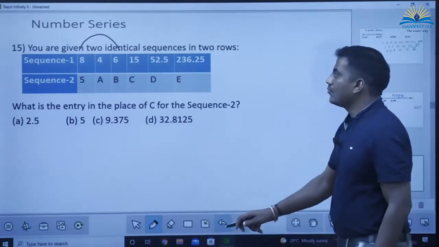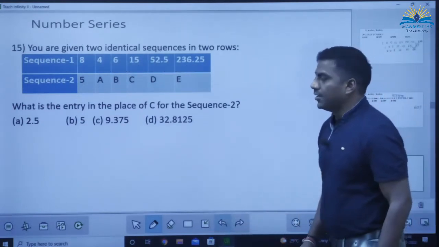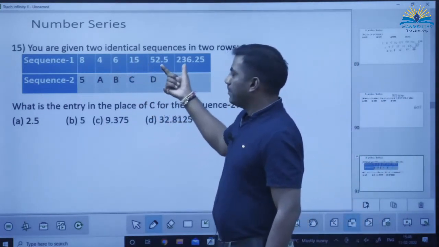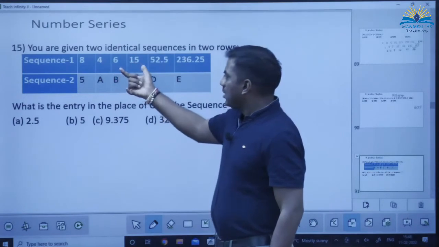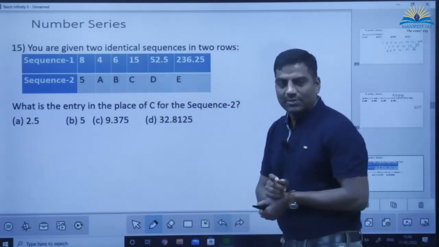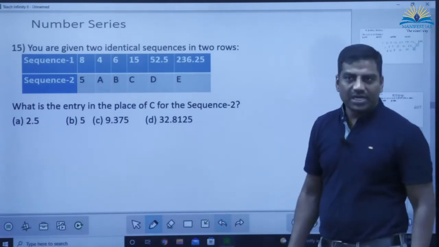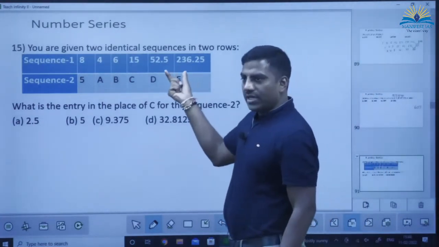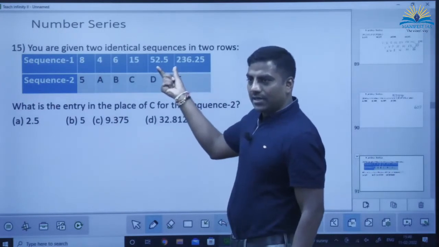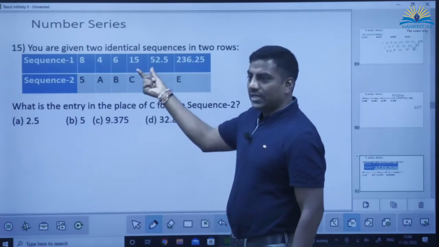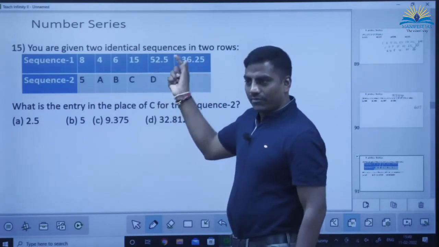See, here, go on observing. From here, it has been an exponential increase. That means we are multiplying something. That too, the clue is here. Here 0.5 is there. It is becoming 0.25. Here the whole number was there. Here it is becoming half.